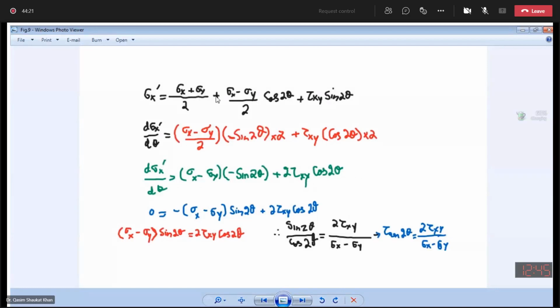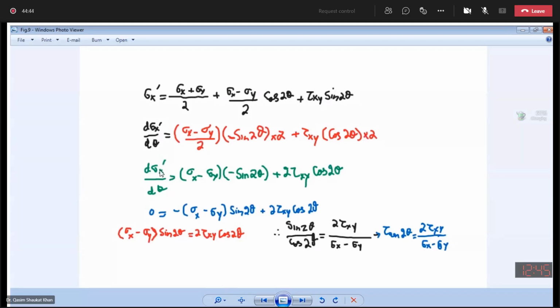So next is sigma x minus sigma y over 2. Derivative of cos is minus sine, so the derivative of cos 2 theta is minus sine 2 theta into 2, plus tau xy. Derivative of sine is cos, so cos 2 theta, into the coefficient 2.